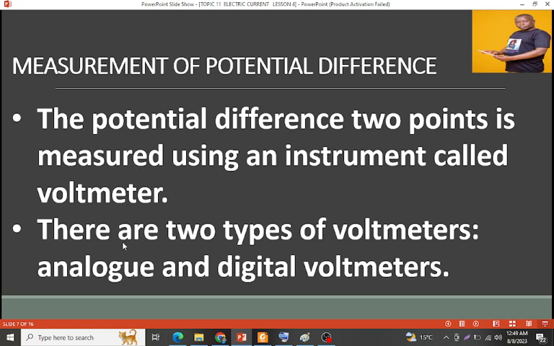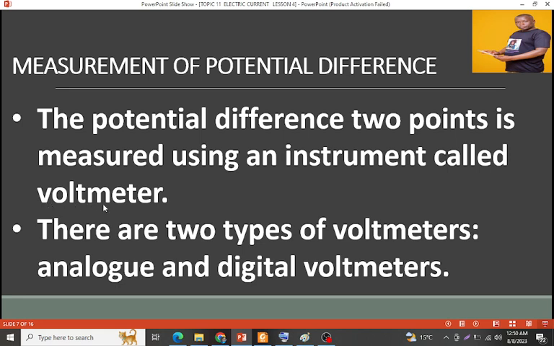Just like we looked at different types of ammeters, voltmeters are also of 2 types. Namely, we have analog voltmeters and digital voltmeters. A voltmeter is an instrument we use to measure voltage or potential difference.